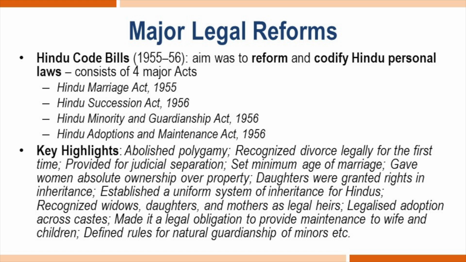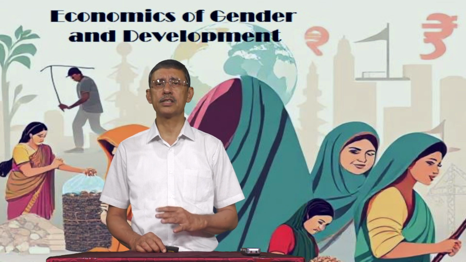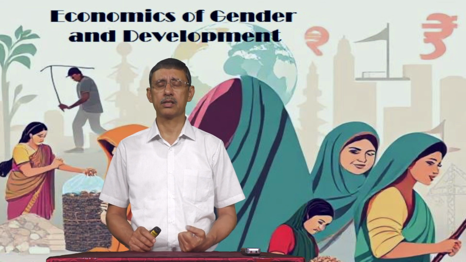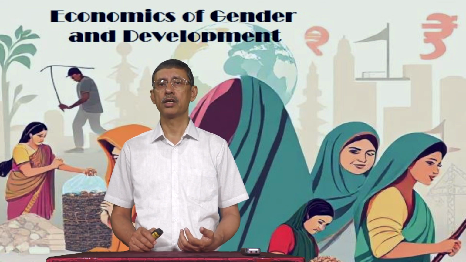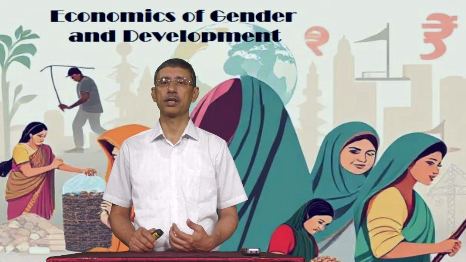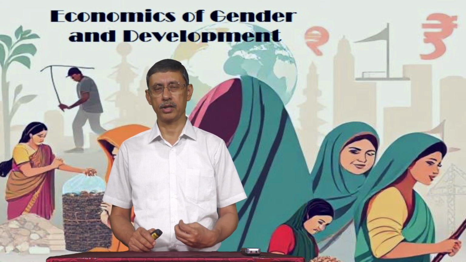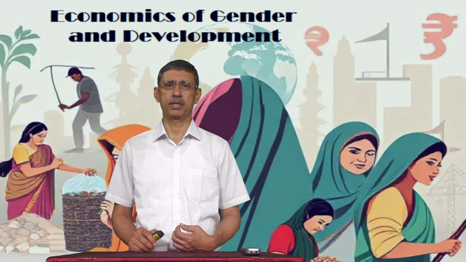It defined rules for natural guardianship of minors, etc. So all these things were seen as foundational activities in terms of recognizing gender and also accommodating gender in the whole idea of the newly born country, citizenship as well as development.